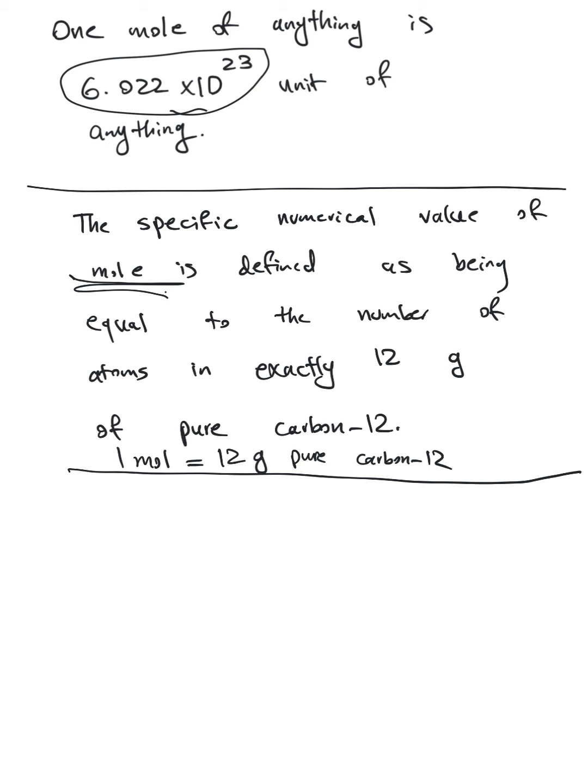we can convert between number of atoms and mole easily. And we have 2 different conversion factors. One of them is like this: 1 mole is 6.022 multiplied by 10 to the power of 23 atoms.